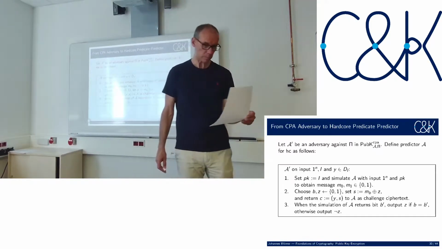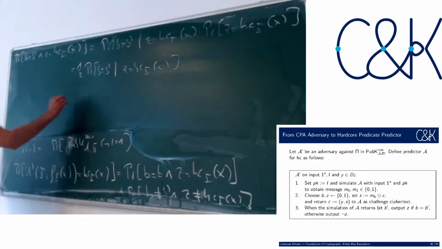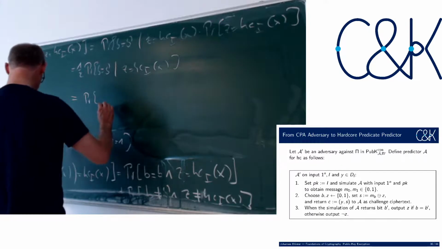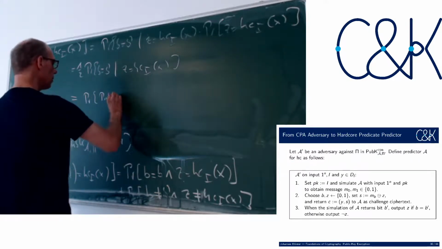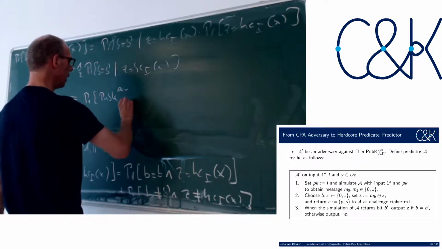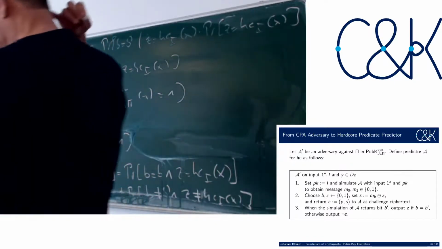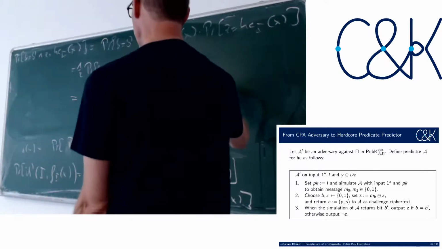So this here is the probability that in the public key eavesdropping game A wins, which is epsilon.